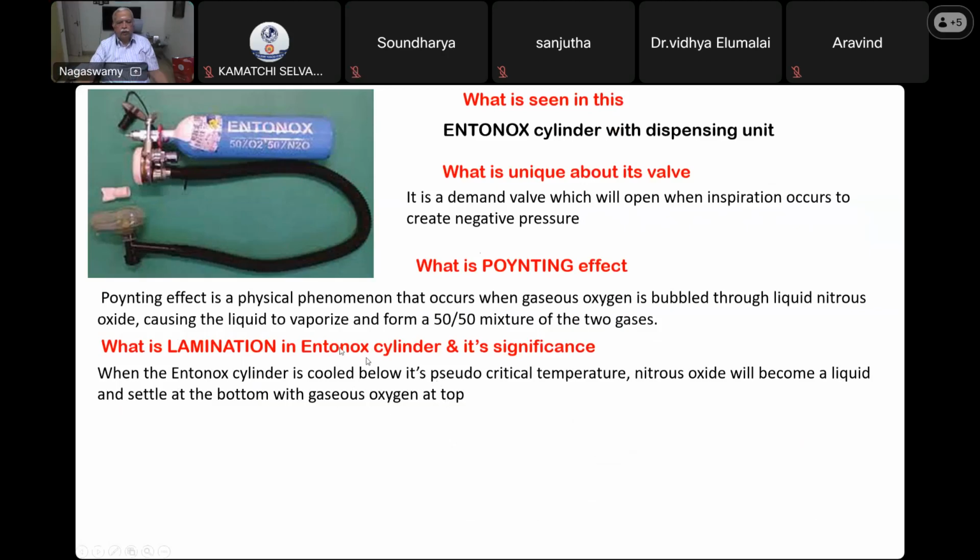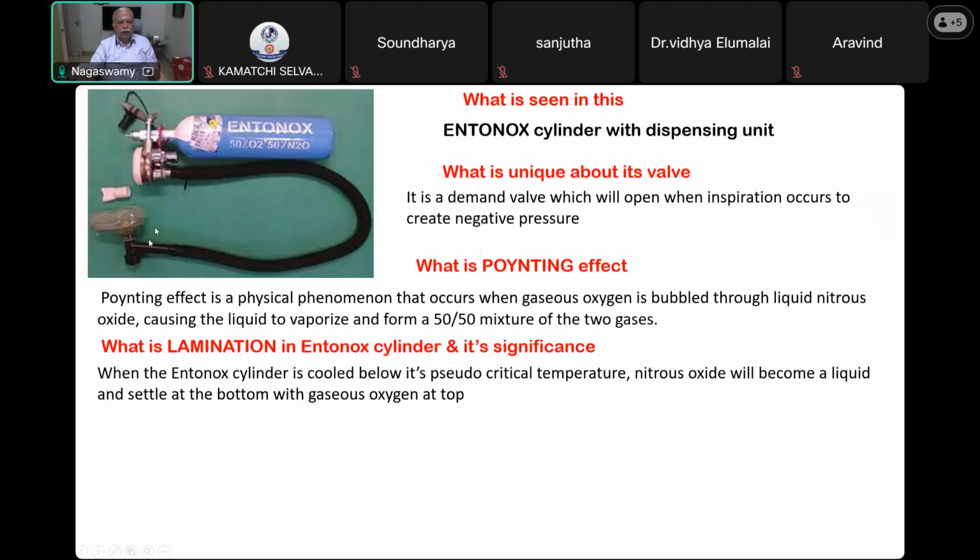So you manufacture Entonox at a particular temperature, and the cylinder is stored in a very cold climate. Then what will happen? The nitrous oxide will again liquefy, and once the liquid is formed, it will go to the bottom, and the top will be filled with oxygen because oxygen is a gas. It can never become a liquid.